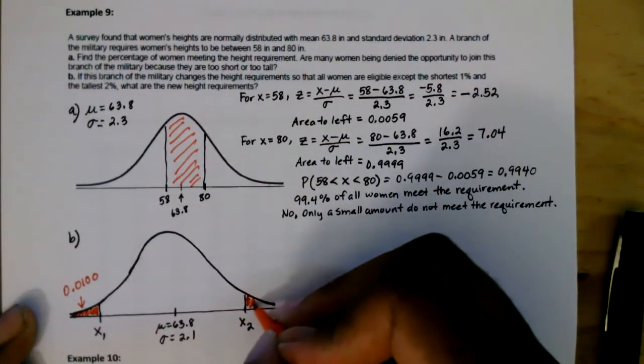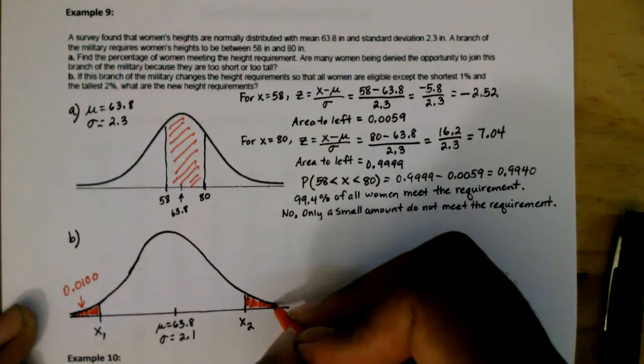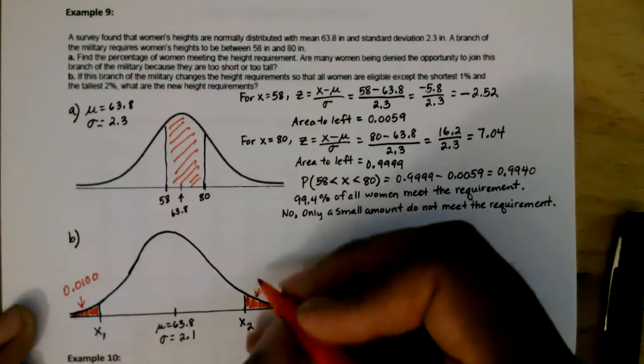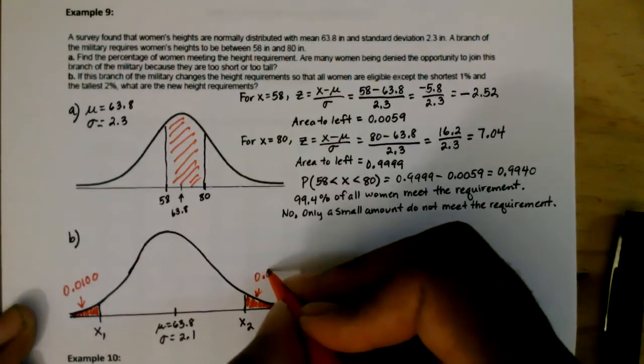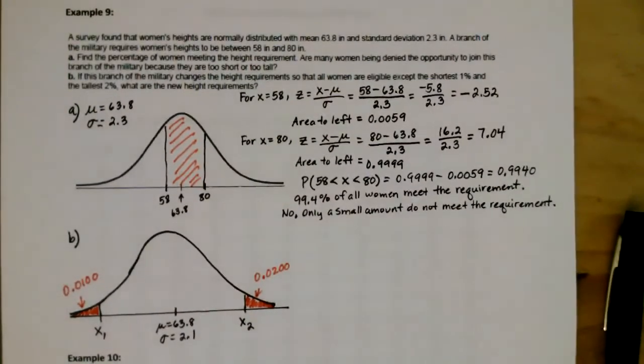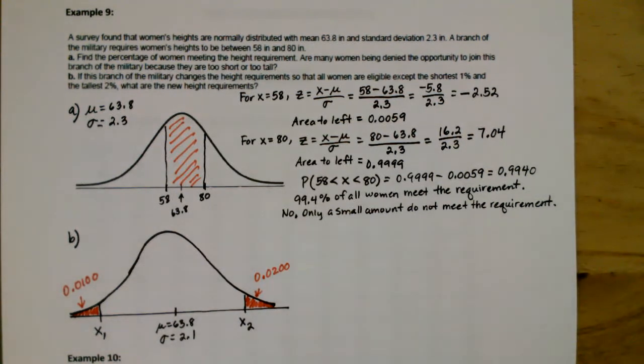This represents the largest, or the tallest, 2%. 2% as a decimal would be 0.0200.